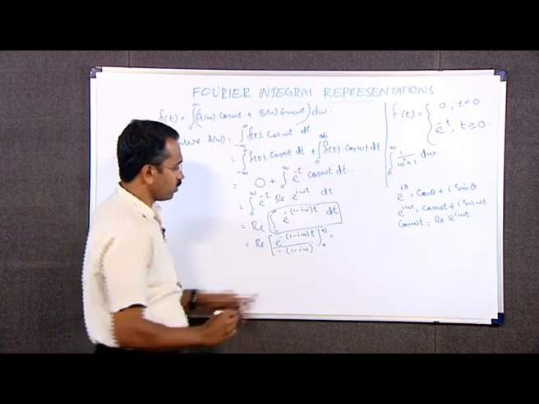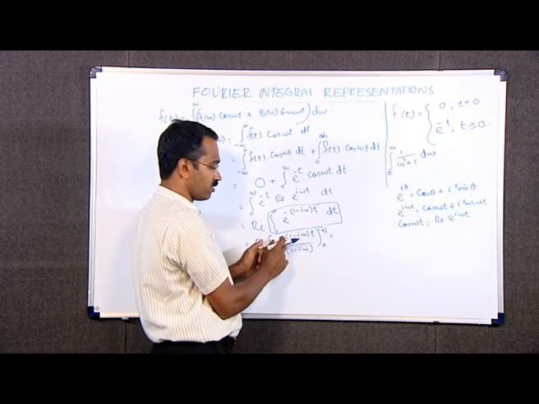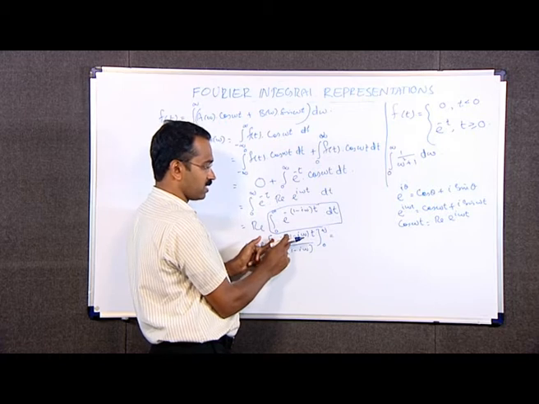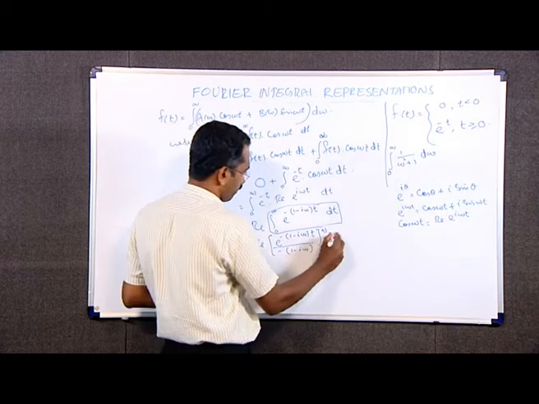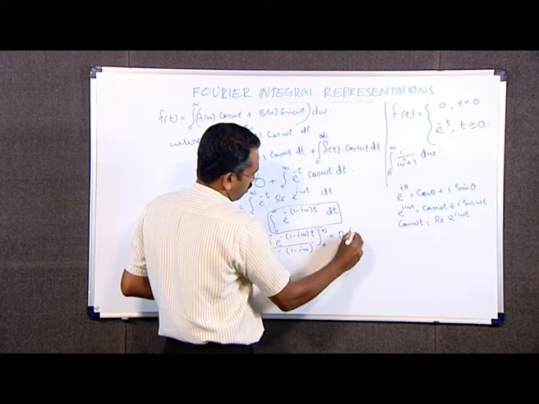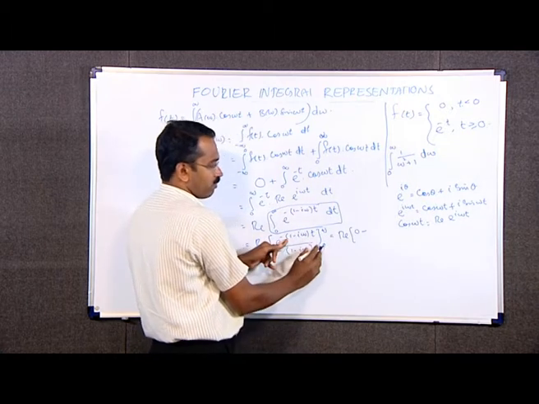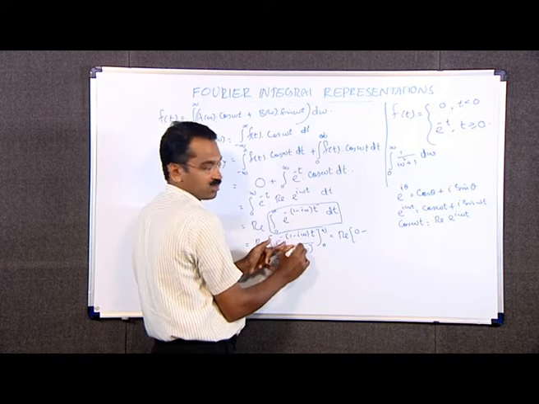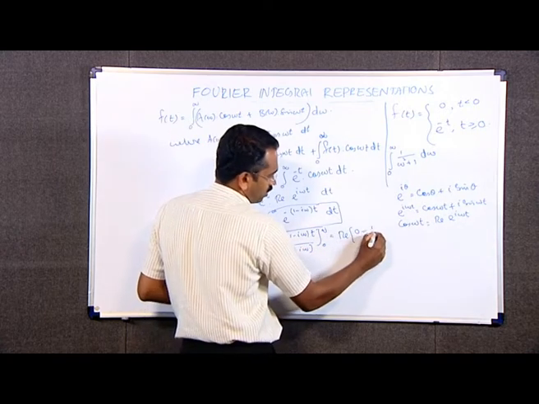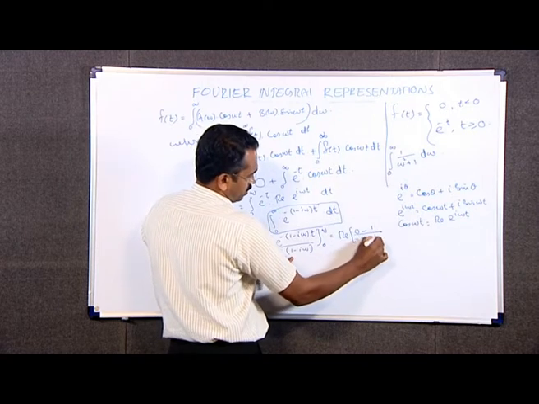When we apply the upper limit, this numerator becomes e raised to negative infinity, which tends to 0. Real part of 0 minus, when we apply the lower limit, this term becomes e raised to 0, that is 1, divided by negative of 1 minus I omega.